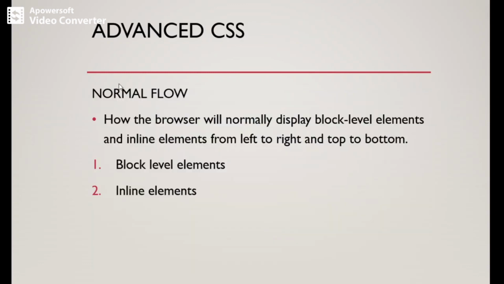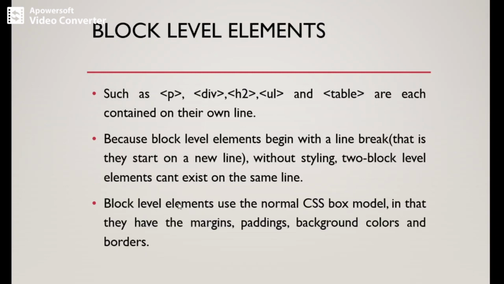Now let us move on to advanced CSS. So we'll see about the normal flow here. Normal flow means how the browser will normally display block level elements and inline elements from left to right and top to bottom. So we have two types here. One is block level elements and another one is inline elements.